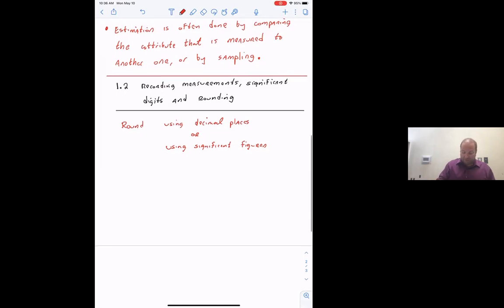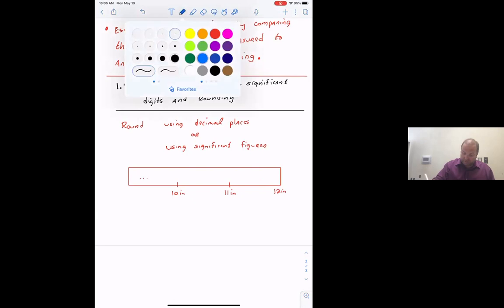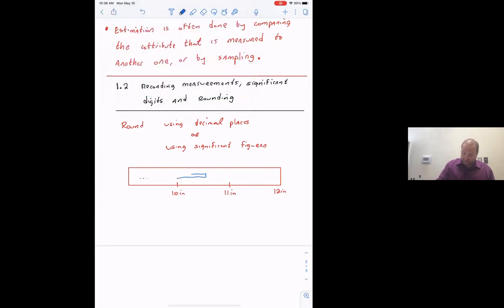So if I have a measuring device like a ruler or something, and here is the 10-inch mark, and here is the 11-inch mark, and so on, and here's 12 inches at the end. And I have a device that I'm measuring which stops here. So I know for a fact that it's going to be 10 point something.